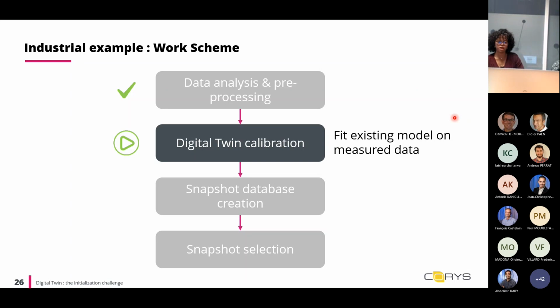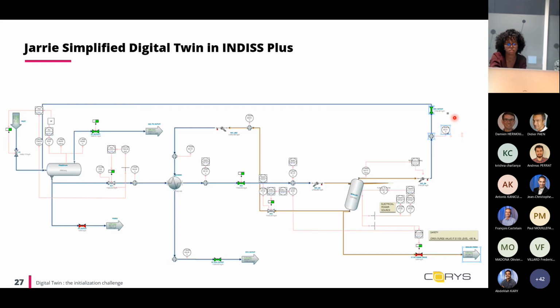Once we have a homogeneous set of data, we can go to the calibration of the digital twin, where we are going to fit the existing model on the measurements that we just treated to be homogeneous. Here we are specifically talking about the Indus Plus model, digital twin.